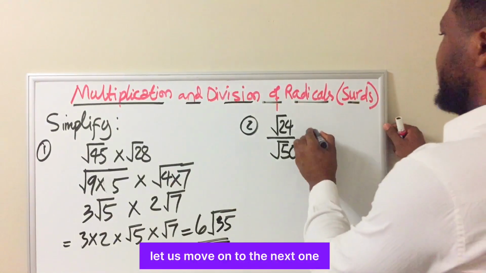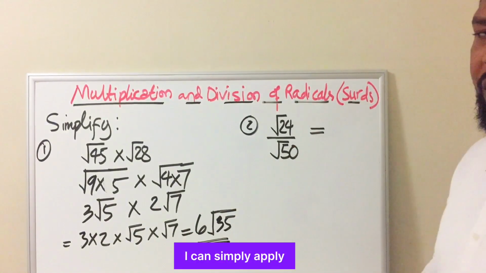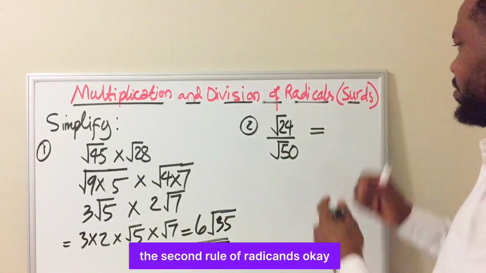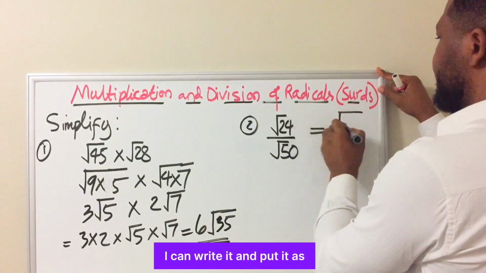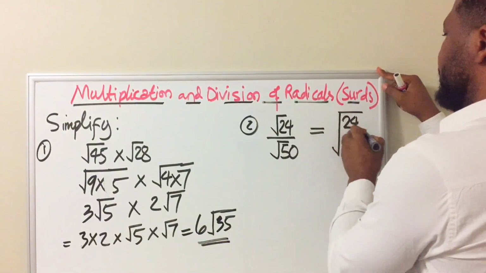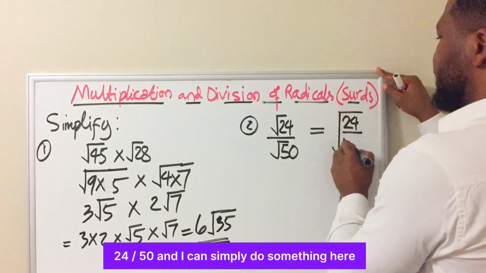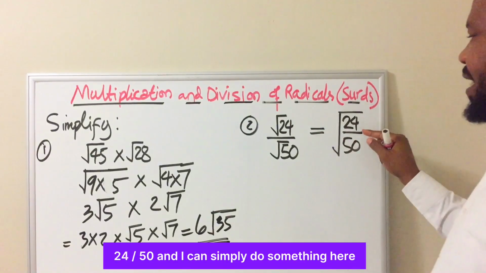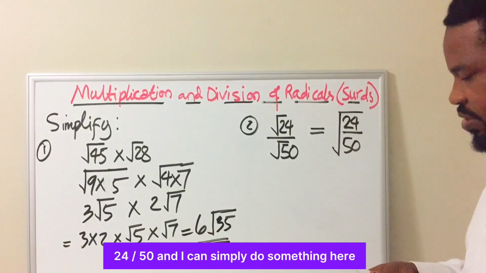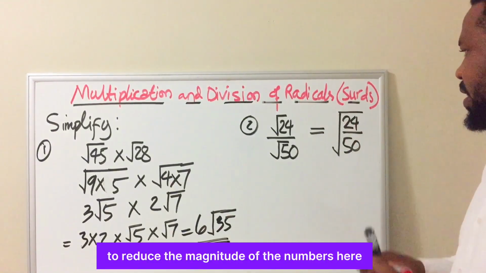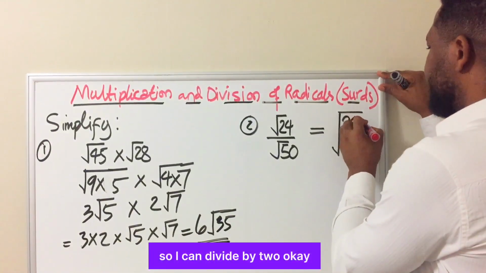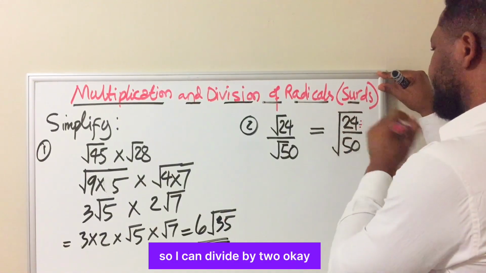Let us move on to the next one. I can simply apply the second rule of radicals. Instead of writing this separately, I can rewrite it as the square root of 24 divided by 50. And I can do something here to reduce the magnitude of the radicands.